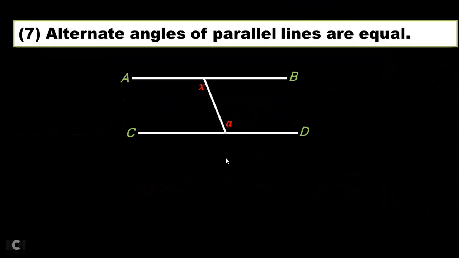Now we have the last one. Alternate angles of parallel lines are equal. Since we don't have parallel lines, it means x is not equal to a.